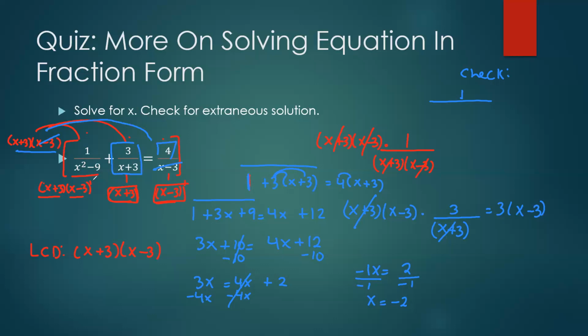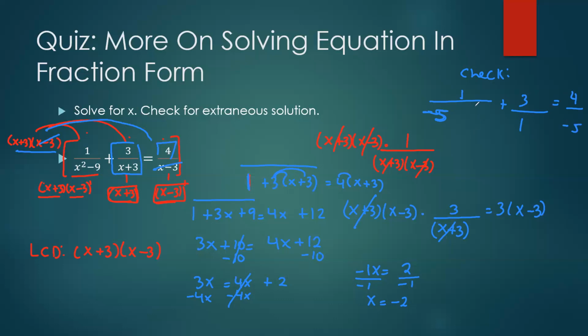Negative 2 squared is 4, minus 9 is negative 5. Plus, here it'll be negative 2 plus 3, that's 1. And then here, negative 2 minus 3 is negative 5.